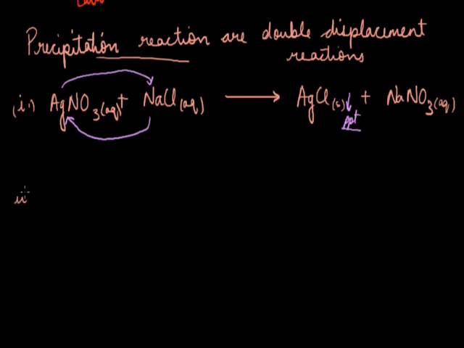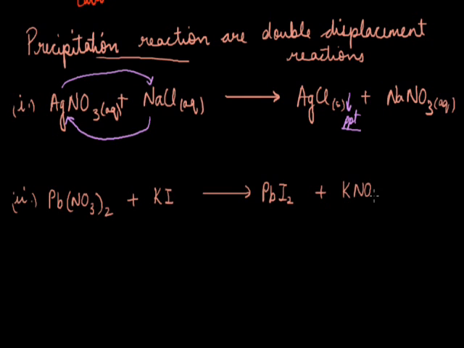Another example we can take is the reaction of lead nitrate with potassium iodide solution. This will lead to the formation of lead iodide and potassium nitrate.